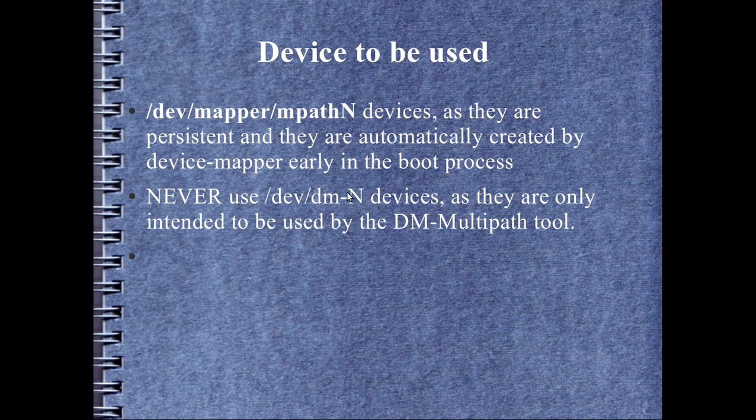For example, if we are trying to format a multipath device, we should never format the dm-N device. Every time make sure that we are using /dev/mapper and then the device name to format it and to mount it. The reason being it's persistent and it's available in the early stage of the boot process.